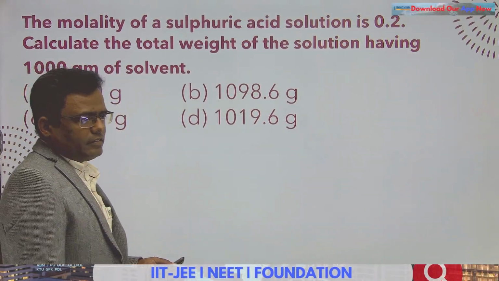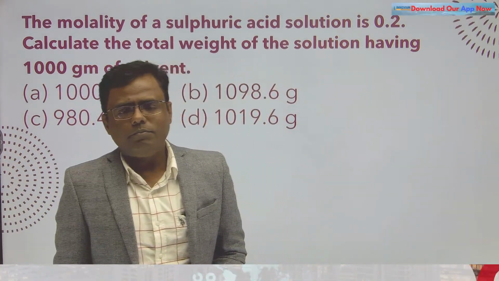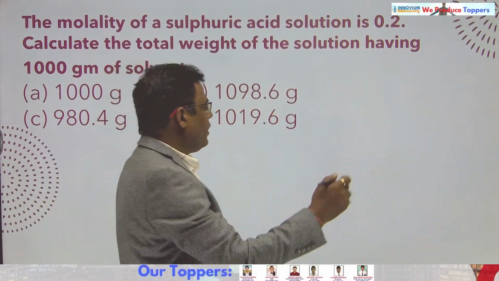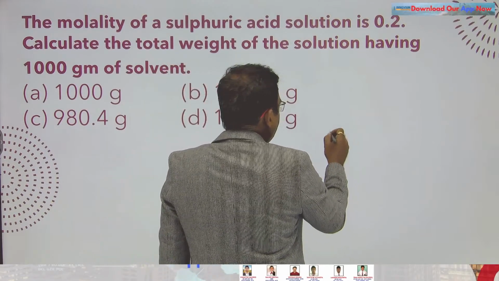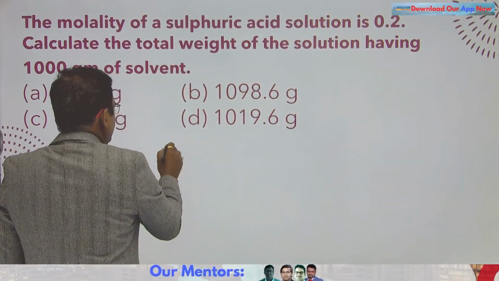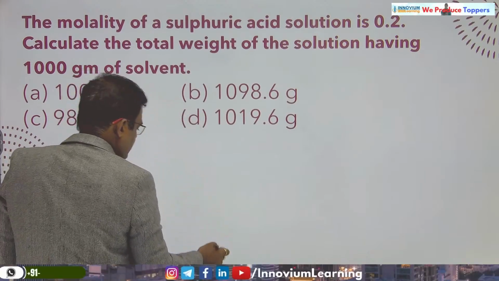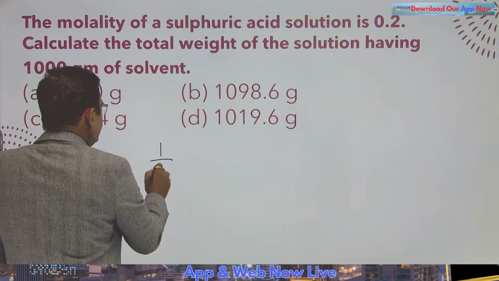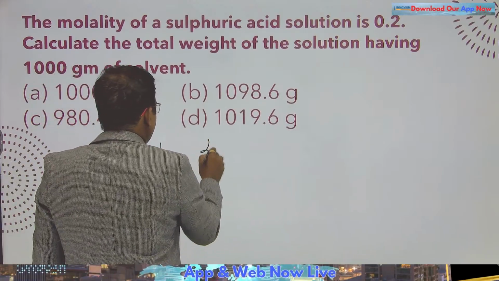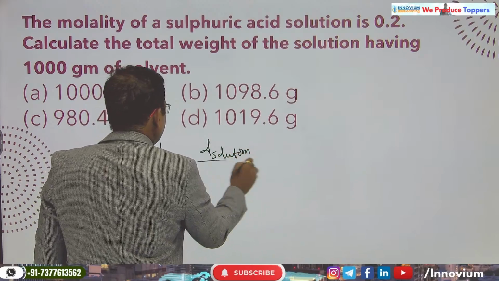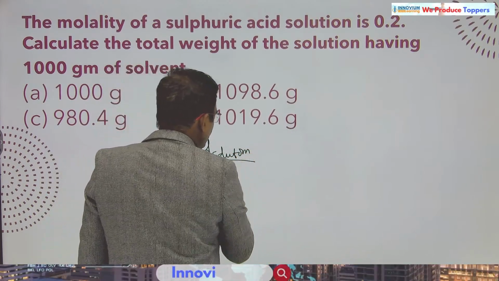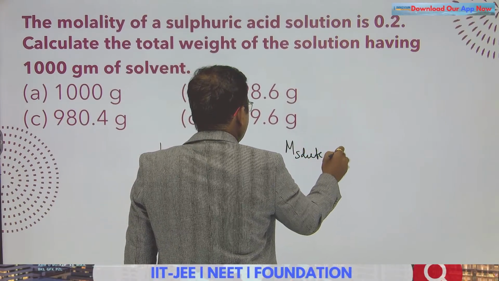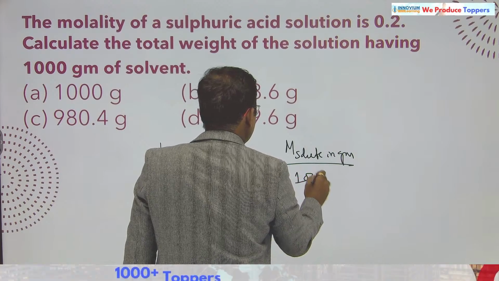I think in the last class, we already discussed the relationship between molality and molarity. The relationship is like this: 1 by molality is equal to density of solution by molarity minus molar mass of solute in gram by 1000.